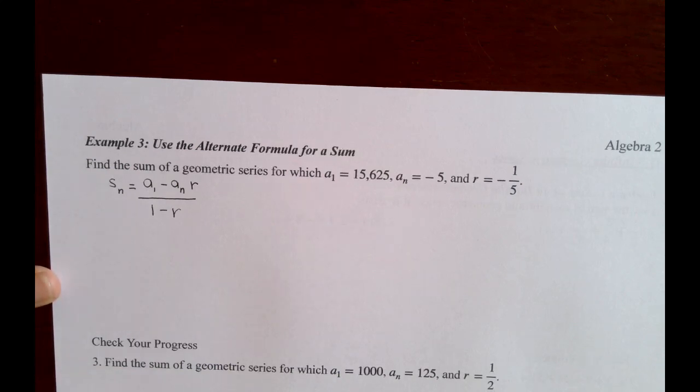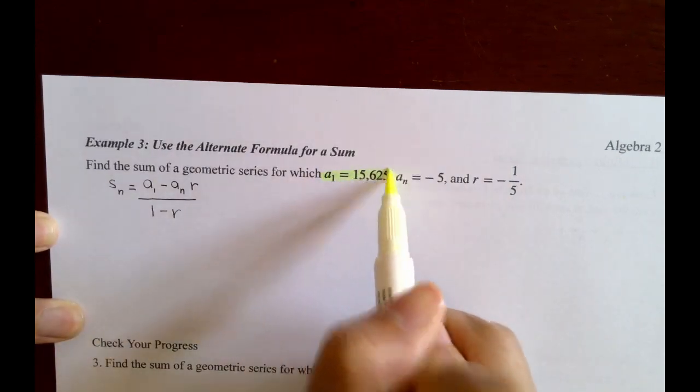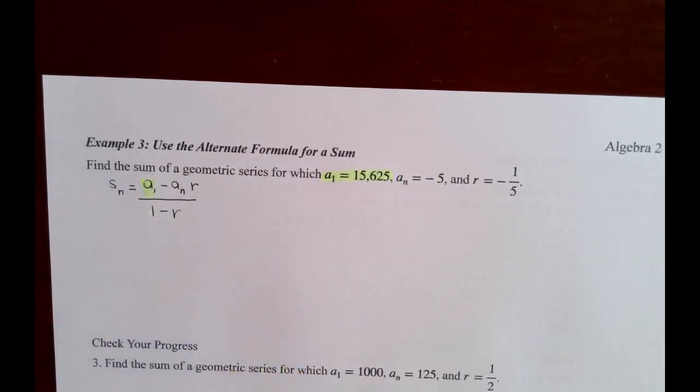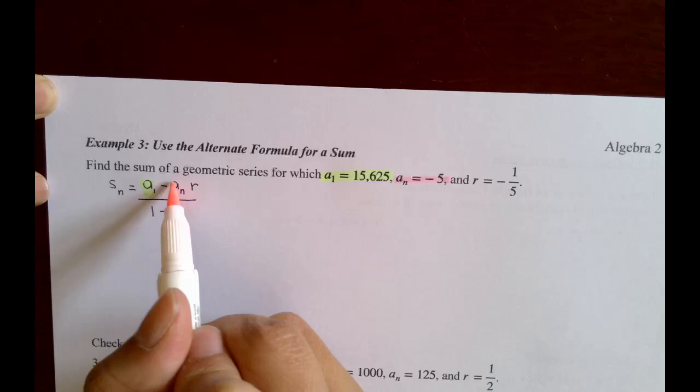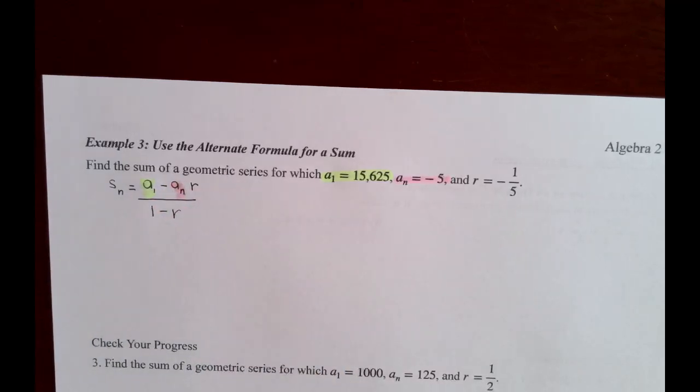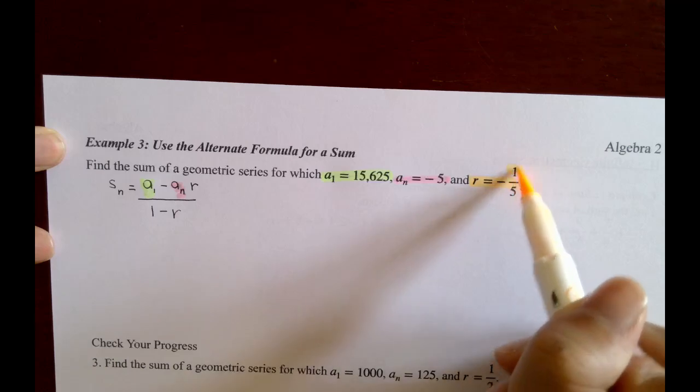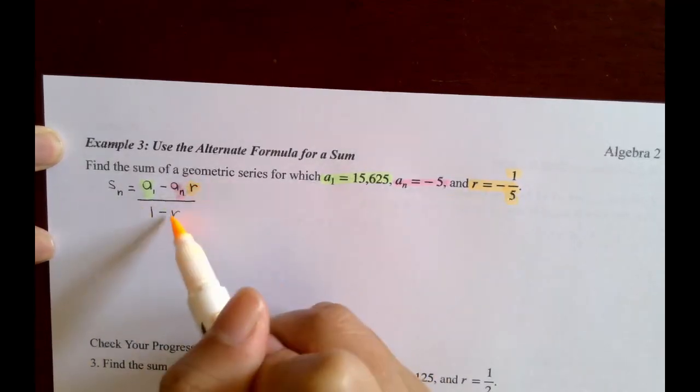So here we want to find the sum. Okay. So we're going to plug in what we know. We know that the first term is 15,625. We know that this term is negative 5. And then we know that the common ratio is negative 1/5. Okay.